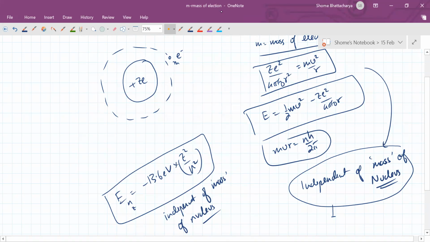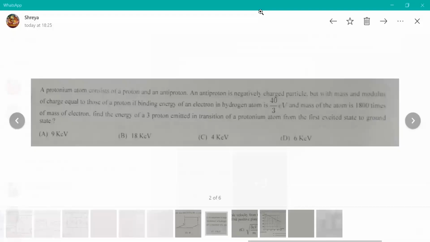But I think the meaning of this question is somewhat different. I'm just going back to the question for a moment, because what kind of atom they are exactly talking about? It consists of a proton and an antiproton, so the charge of the nucleus is becoming zero. Saying plutonium atom consists of a proton and antiproton, I think there is some lack of clarity in the question.